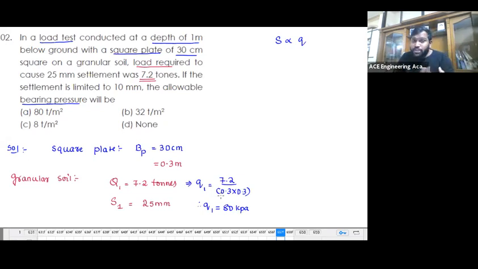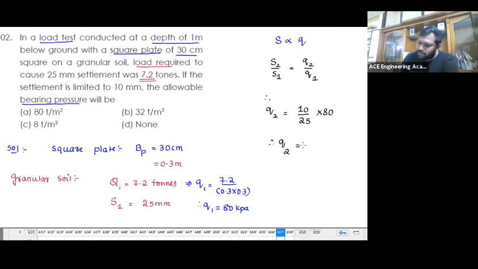Now, if you wish to limit to 10 mm only, how much allowable pressure should be there? S is directly proportional to Q, so S2 by S1 is equal to Q2 by Q1. As simple as that. I want Q2, so Q2 is equal to S2, 10 mm by 25 mm, into 80. Tell me the Q2 value.